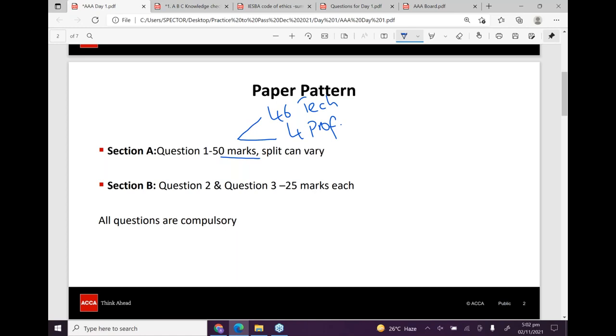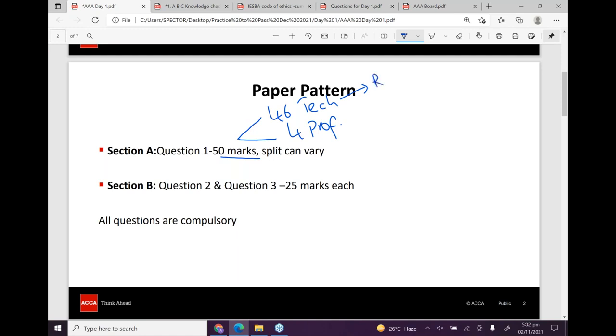So every single one of you, it doesn't matter whether you know the technical aspect or not, I will tell you what the easy way of getting these 4 marks is. So question number 1: 50-mark case study, 46 technical marks. We're not stopping here. The examiner has specified that this case study is going to be set primarily at the planning stage of audit.